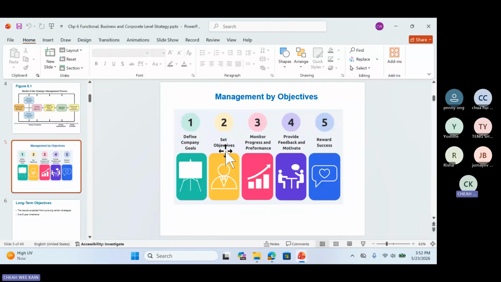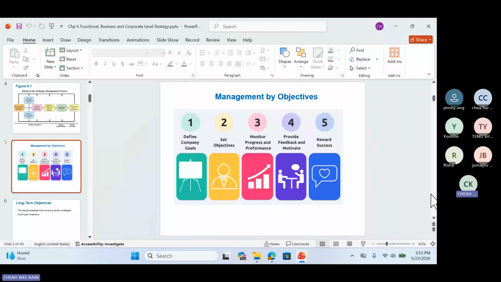So the last one is very simple: monitor progress, provide feedback, and motivate and reward success. These are all normal. So this area here is actually no big deal, because if you define your company goals or corporate strategy correctly, especially in the internal assessment.